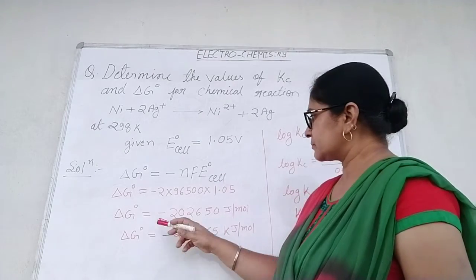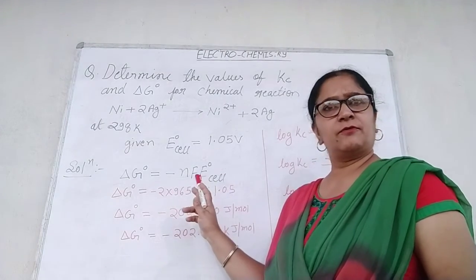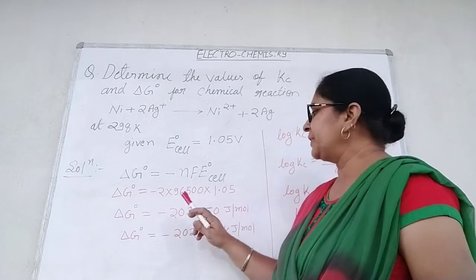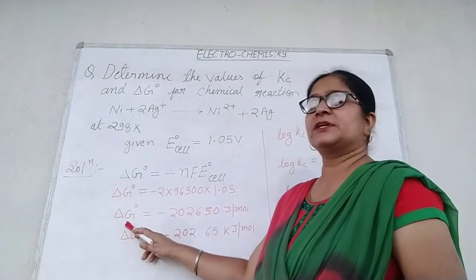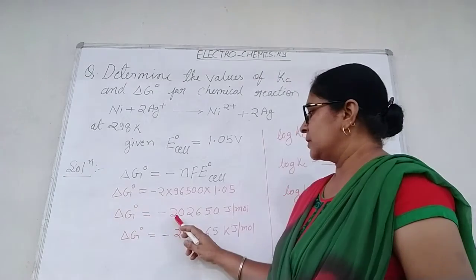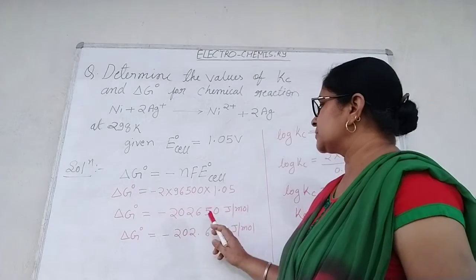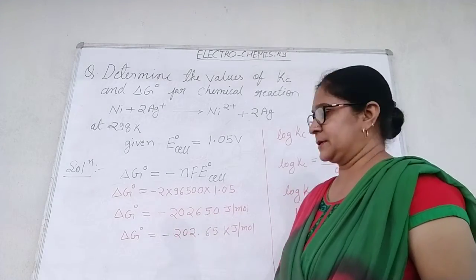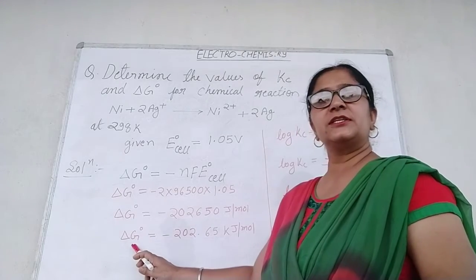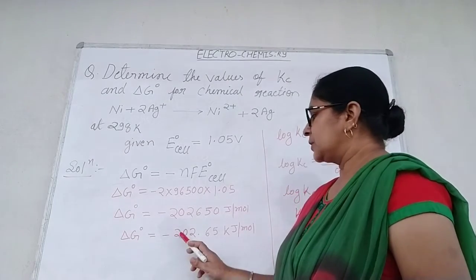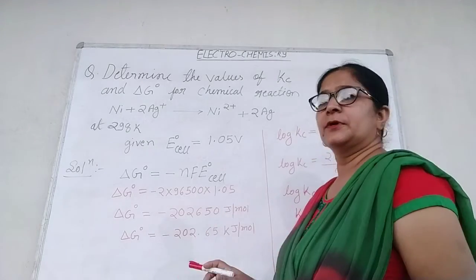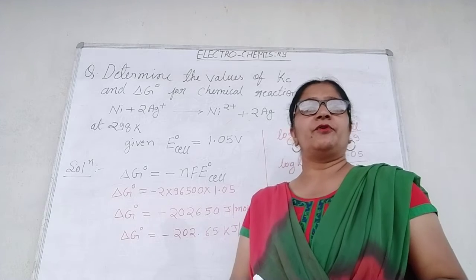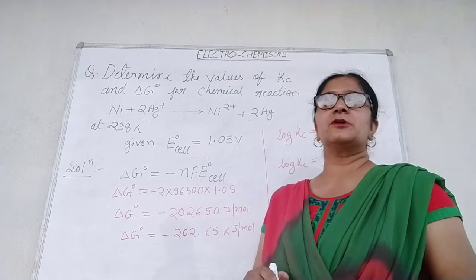Now, by multiplying we will get standard Gibbs energy change equal to minus 202650 joule per mole, or we can write standard Gibbs energy change is equal to minus 202.65 kilojoule per mole.